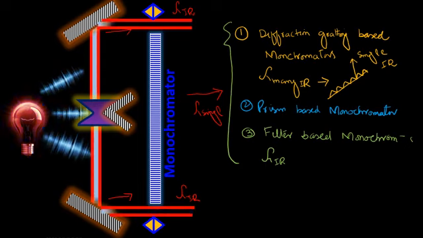However, keep in mind that diffraction grating based monochromators are the most commonly used in infrared spectroscopy.